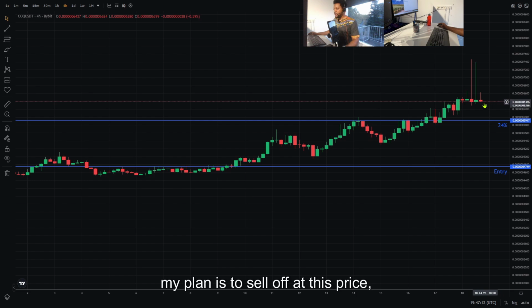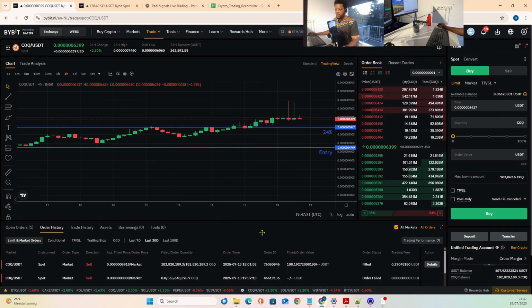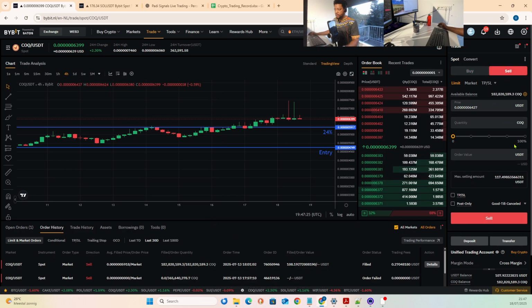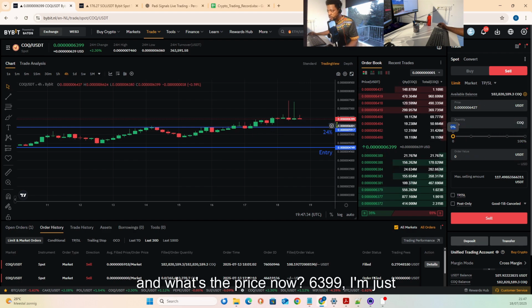So my plan now is to sell off the rest of the COQ at this price, and we'll see how it goes. I'm going to do that now. I'm just going to say sell, all of my COQs, which is this one. What's the price now? 6399.